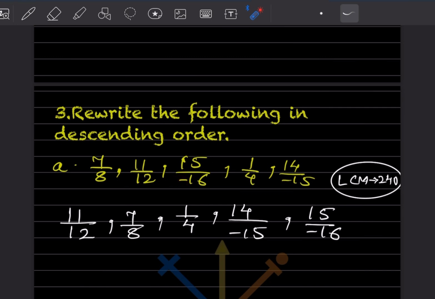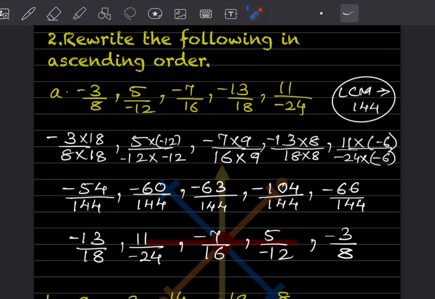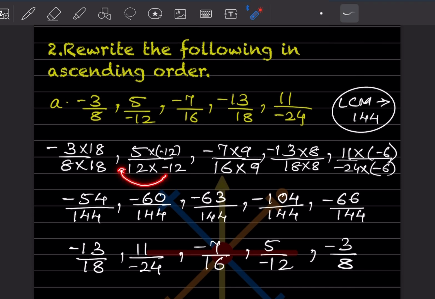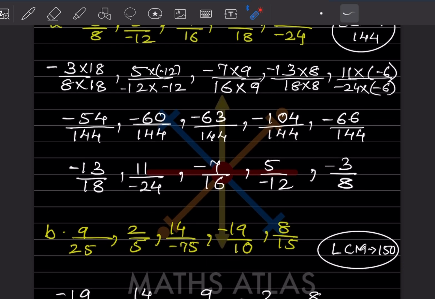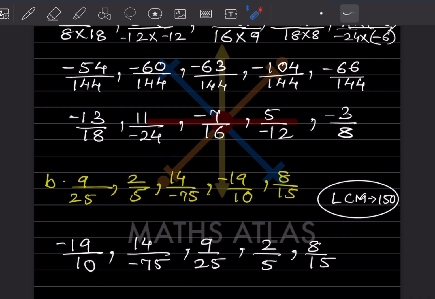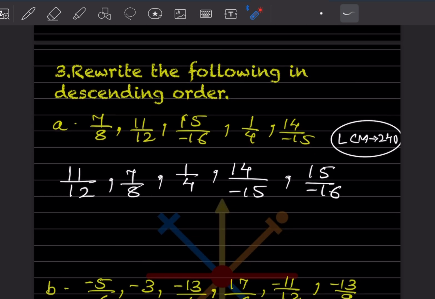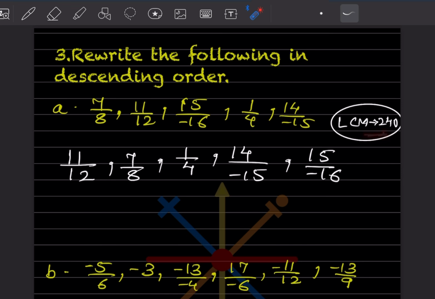So wherever there was a negative, to make it positive, I wrote here negative to make it positive. So here there is a negative sign. So be careful with that when you are taking the LCM. So after doing that, big to small. So LCM is 240.